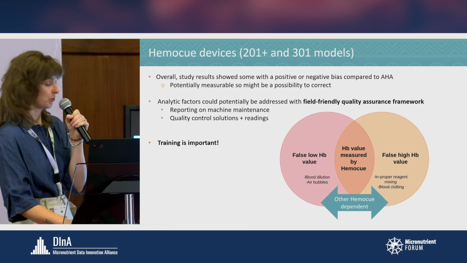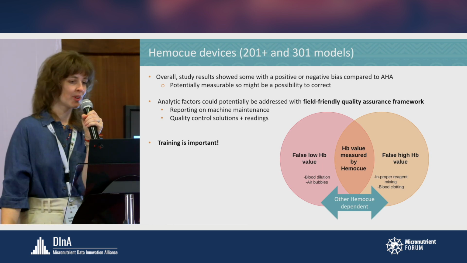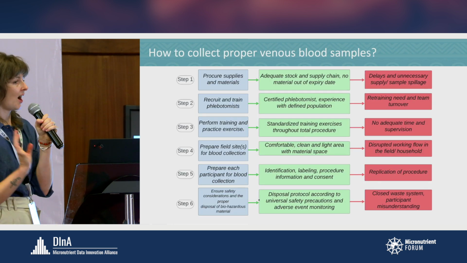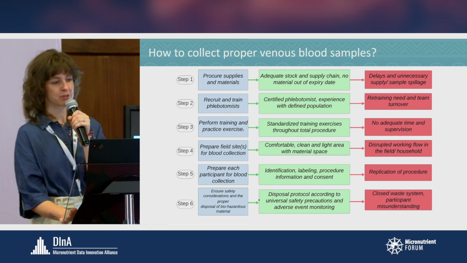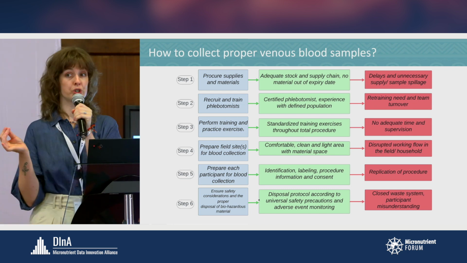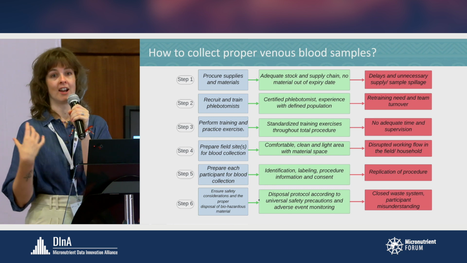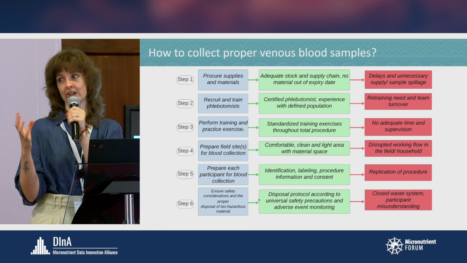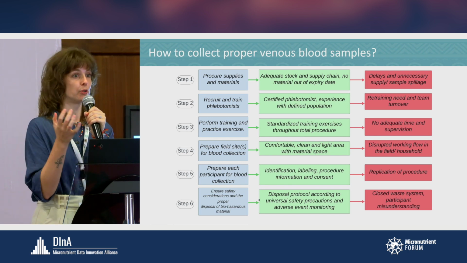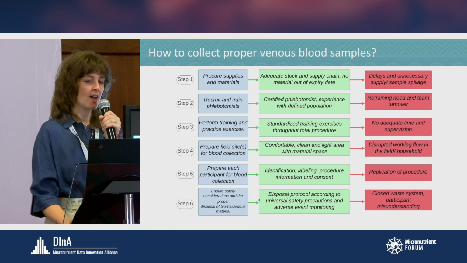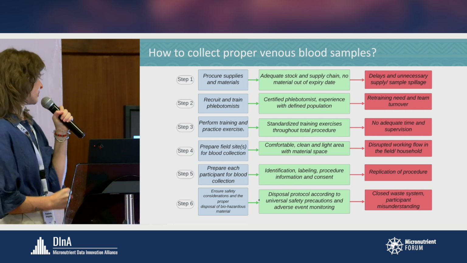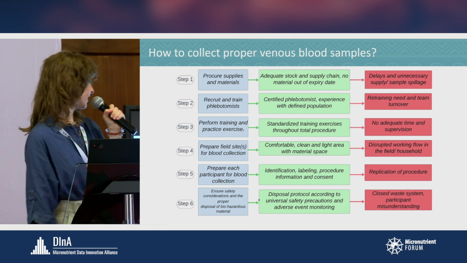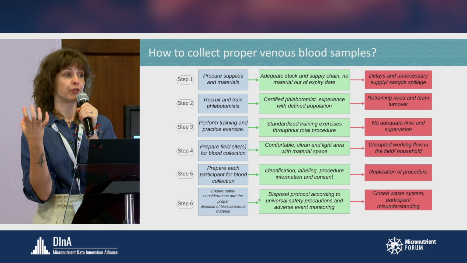So then, can you go one further? To wrap this up, how to collect proper venous blood samples. So these are all the steps which are also shared within the brief, and I think it's really important to share this in your trainings as well, and you can put all these tables and figures in your training material. I will not go through them all because I don't have time, but what I think is really important, first of all, is the training.